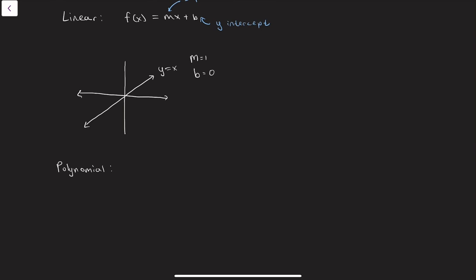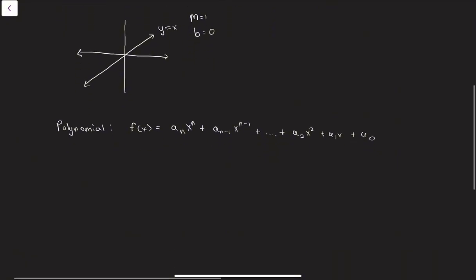Spelled that wrong. So a polynomial function would be defined as f of x is equal to, and I'll write this out then explain it, a_n x to the n plus a_(n-1) x to the n minus 1 plus, and we keep going, a_2 x squared plus a_1 x plus a_0. Great.